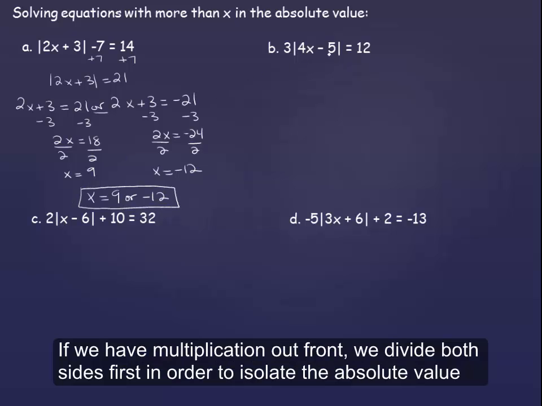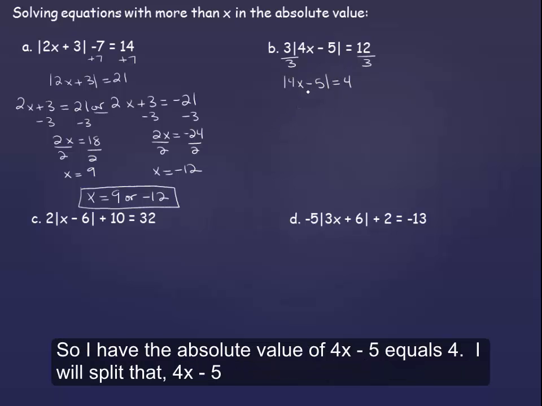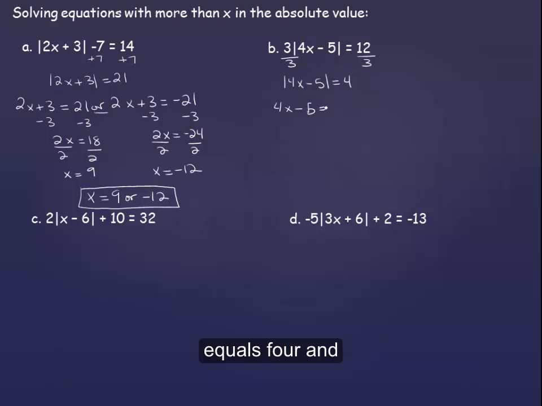If we have multiplication out front, we divide both sides first in order to isolate the absolute value. So I have the absolute value of 4x minus 5 equals 4. I will split that. 4x minus 5 equals 4, and 4x minus 5 is equal to negative 4.